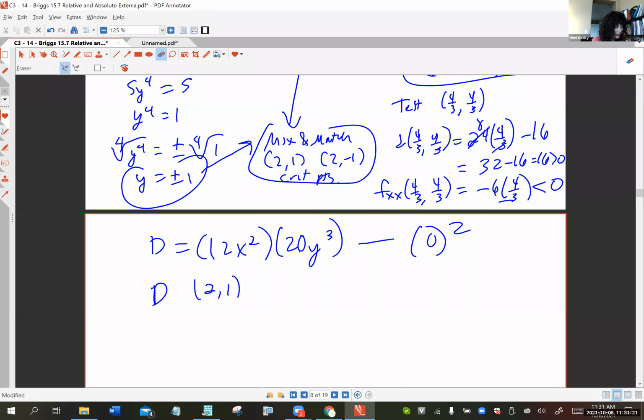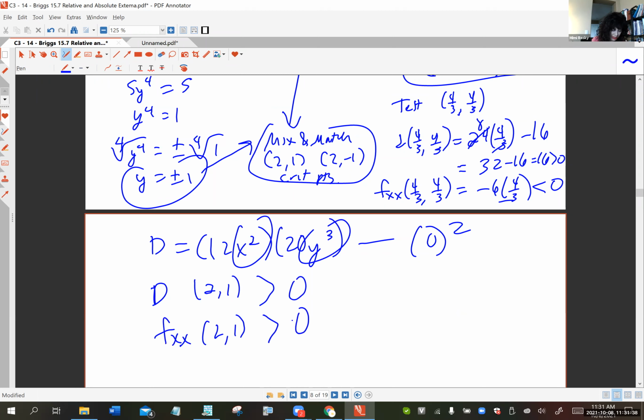And I'm not even going to plug this in. You're going to get something positive. I hope that's obvious because you've got a squared there. That's 1 cubed. It's positive. So now what's fxx evaluated at (2, 1)? Well, it's going to be positive also. Okay, fine. So when both D and fxx are positive, you have a relative min.